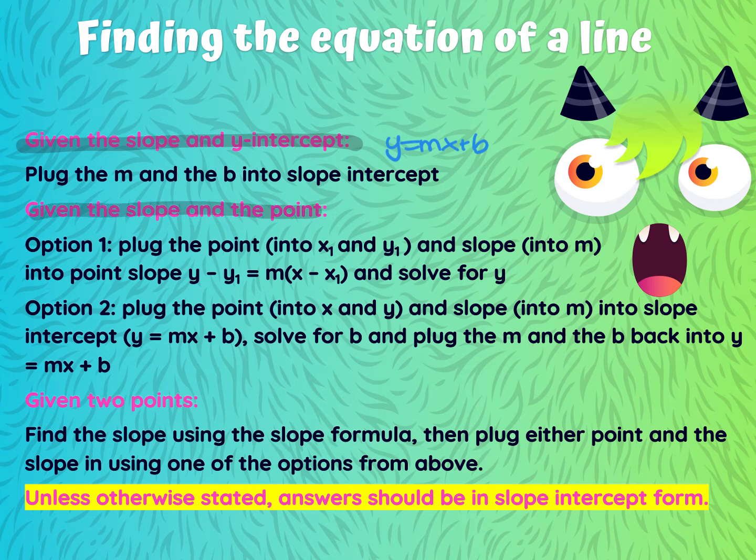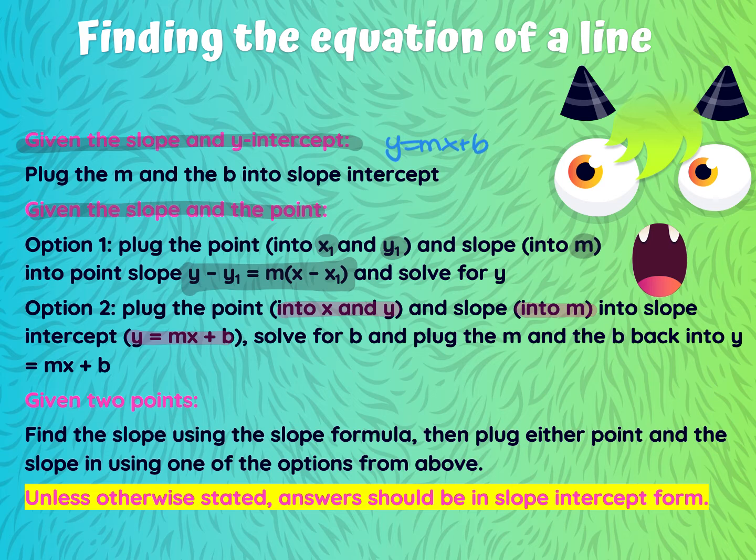If you're given the slope and the point, then you have 2 options. The first option is to plug the point, which would be your x1 and your y1, and the slope into m, into point slope, which is y minus y1 equals m times x minus x1, and then solve for y. The second option is to plug the point into the x and the y, and the slope into the m of y equals mx plus b.